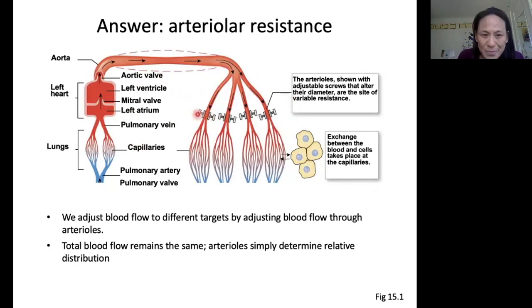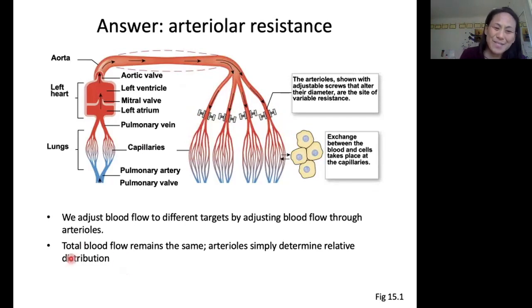These little screws are meant to represent the fact that you can change the radius of your arterioles in order to change their resistance. So you could, for example, increase resistance going to this circuit and decrease the resistance going to these circuits to direct more blood to these circuits right here and less blood to this circuit right here.